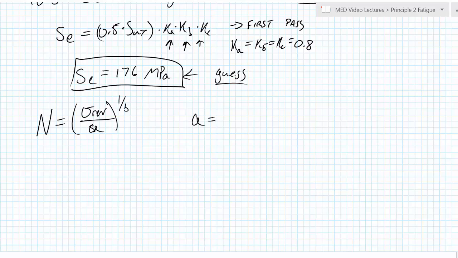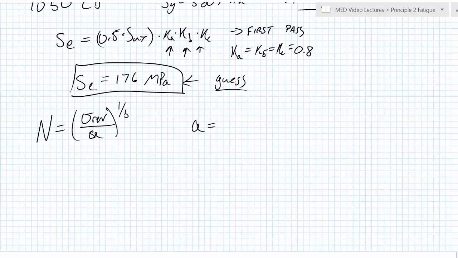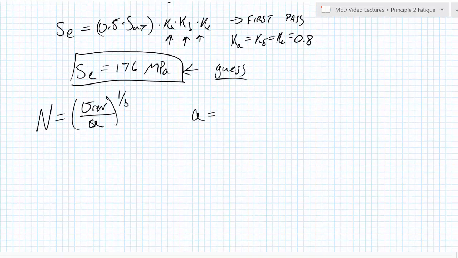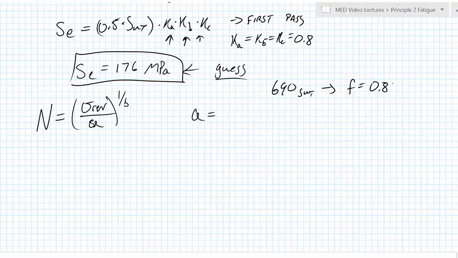So a equals f times the ultimate strength squared over Se. So let's find or guess a pretty approximate f. Based on our ultimate strength of 690 megapascals, which is our Sut, from the tables, f is about 0.84.